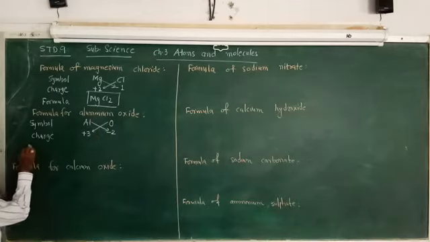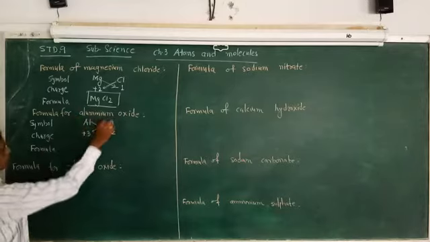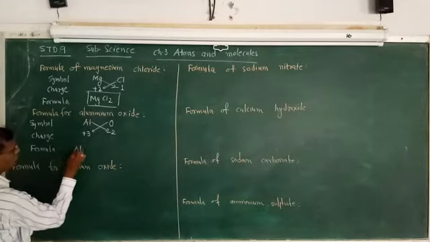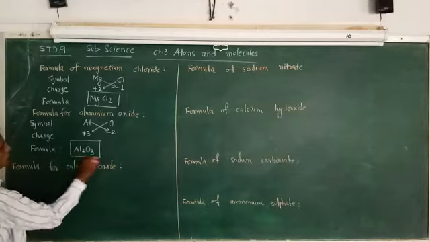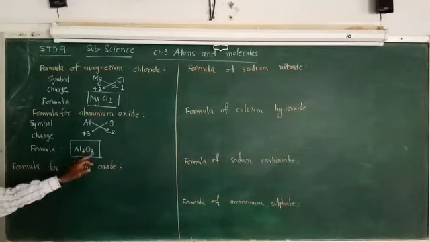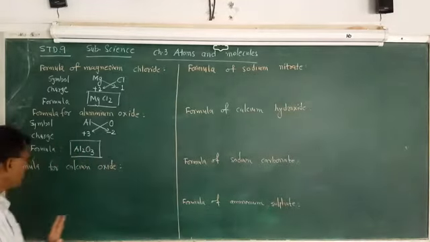So write here the formula of aluminium oxide: Al2O3.